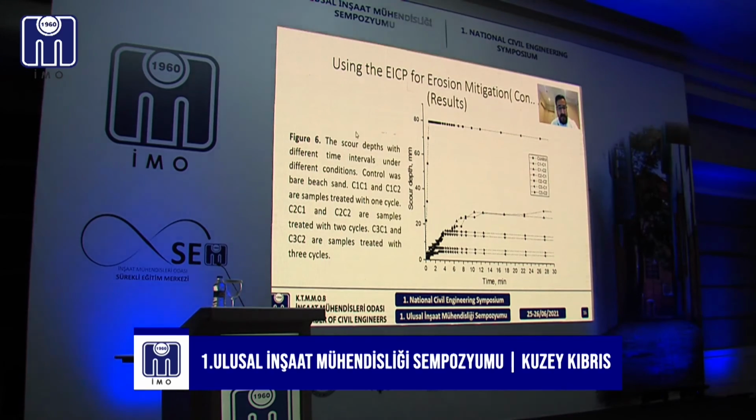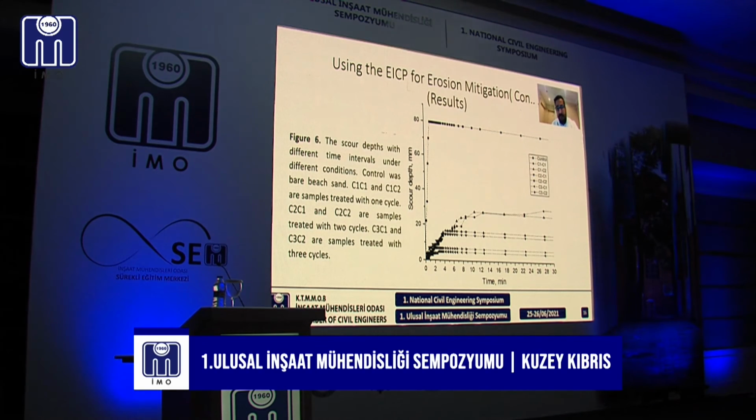And finally, we'll talk about the scar depths over time. As you can see, this is for pure sand. Because the depth of the sample was 8, it totally reached the maximum after maybe 30 seconds.